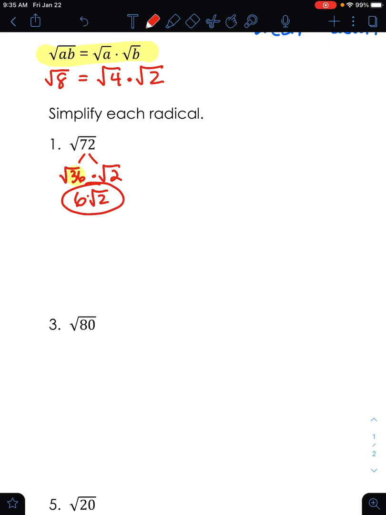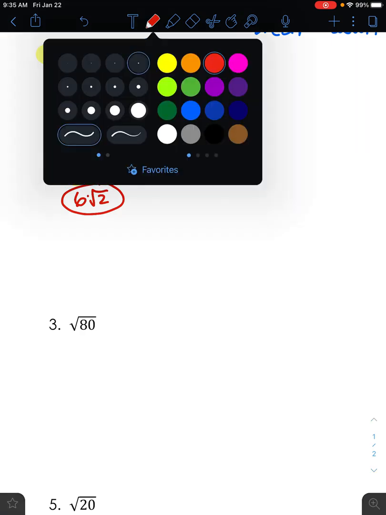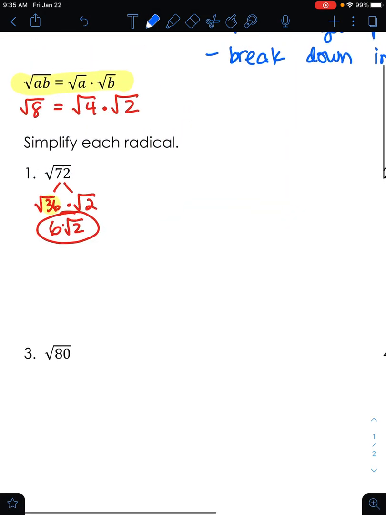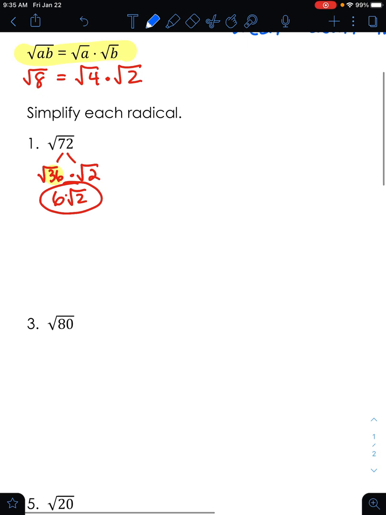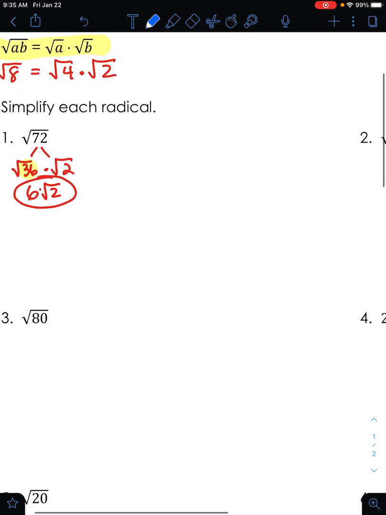But what if you don't recognize your perfect squares really quickly? Let's do the factor tree. I'm going to start with the square root of 72. I know that 2 and 36 is 72.